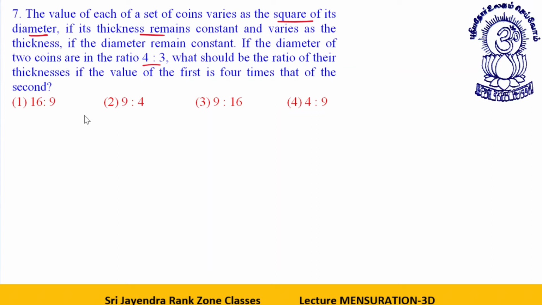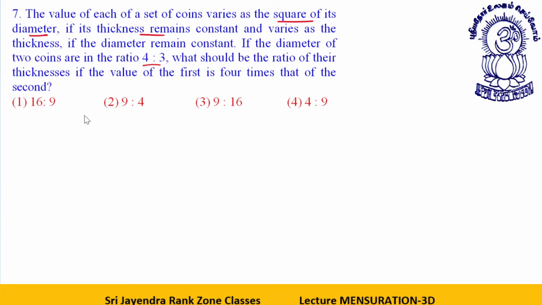We are talking about value. And it varies as the thickness if the diameter remains constant. That is, I can say v is proportional to t. So I can say volume is proportional to t into d square. The basic concepts which you did in your 10th class. If the diameters of the two coins are in the ratio of 4 to 3, what should be the ratio of their thickness if the value of the first coin is 4 times that of the second coin?